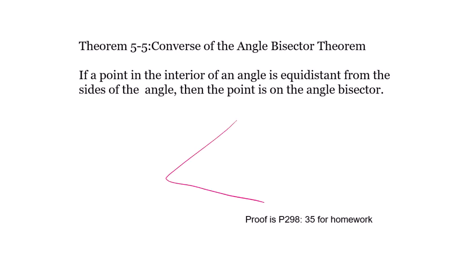So in other words, if we have an angle and we have a point on a line that's equidistant, right? So these are perpendicular and these are equal, then that means that the line that the point is on must be an angle bisector. Okay.